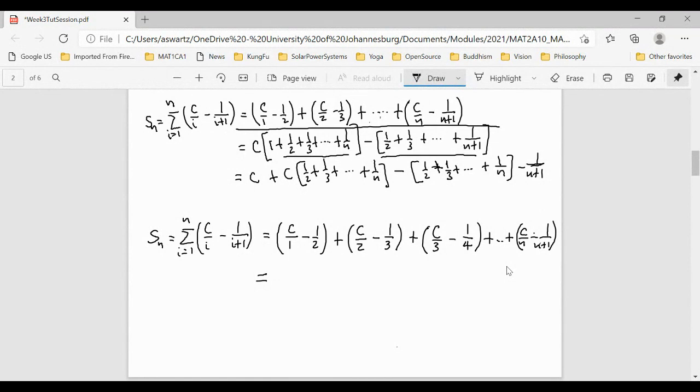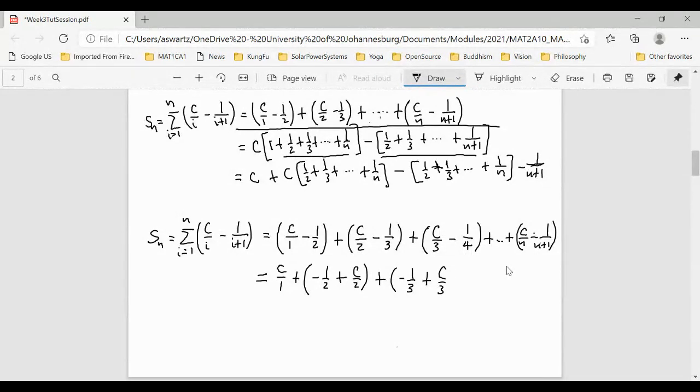So I'm going to remove this one, then move the brackets between these two, which are fractions of 2. So it's going to be c divided by 1, and then plus bracket minus a half plus c divided by 2, plus bracket minus a third plus c divided by 3.